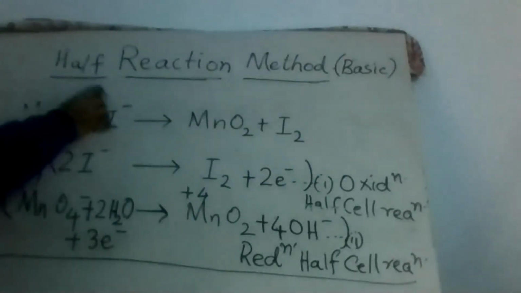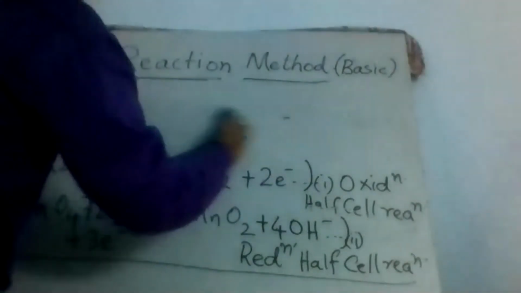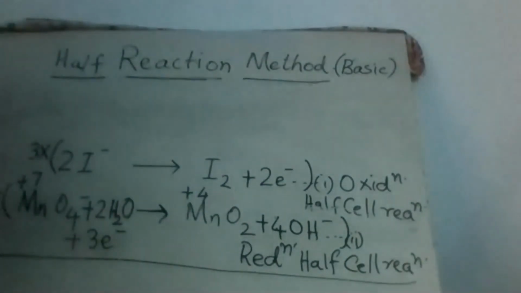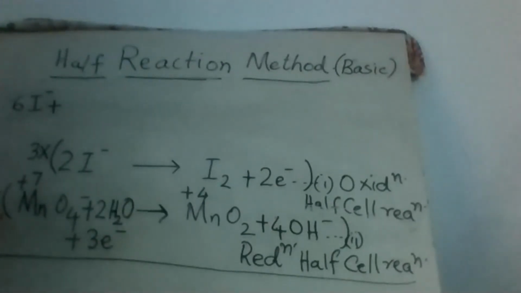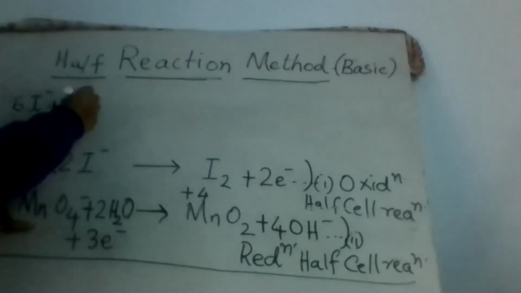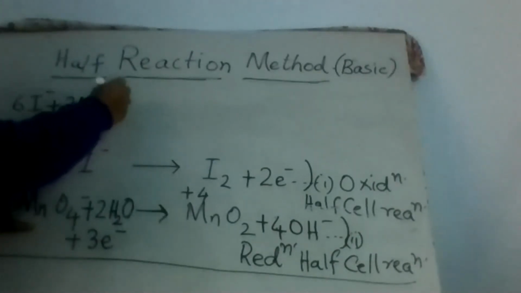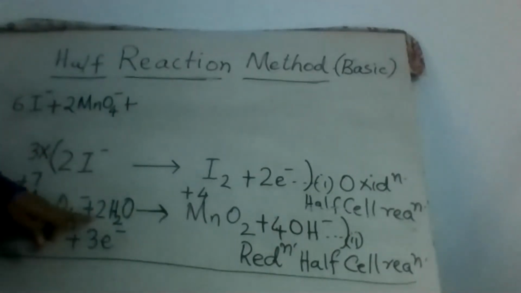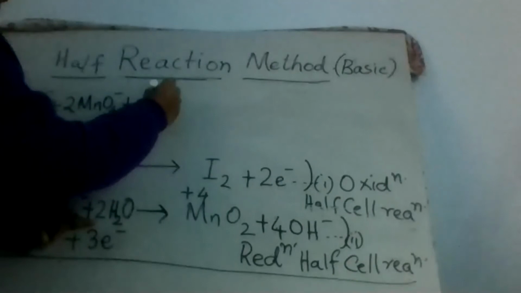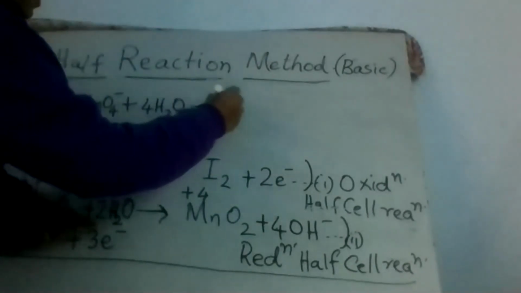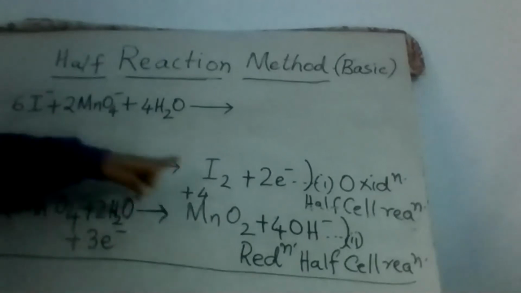I'm writing that equation on the top here. And that becomes my well-balanced equation. So my equation is 6I minus plus 2MnO4 minus plus 4H2O gives 3I2.